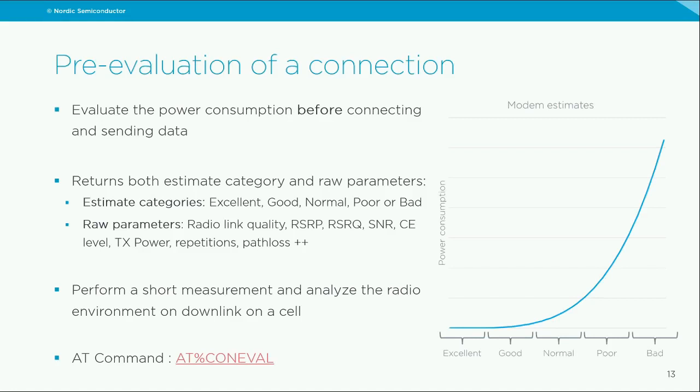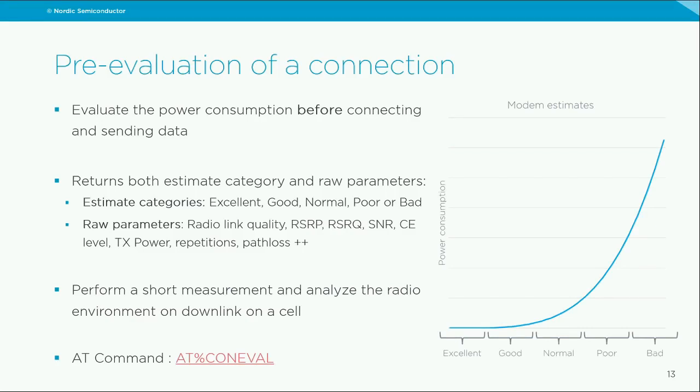This new feature also includes that you can receive all the raw parameters on the application side: the radio link quality, RSRP, RSRQ, SNR, CE levels, TX power, repetitions, path loss, and more. So you get a lot of parameters from the modem, so you can make some clever decisions yourself on the application side if you want to, based on these parameters.